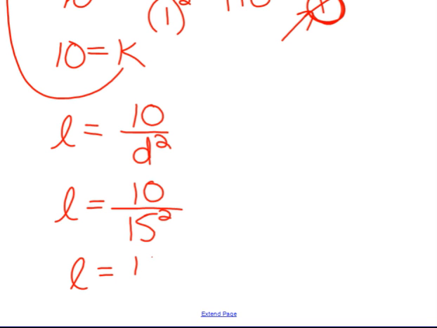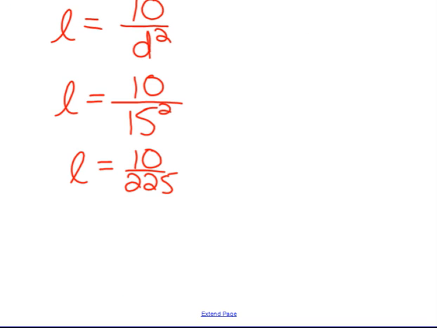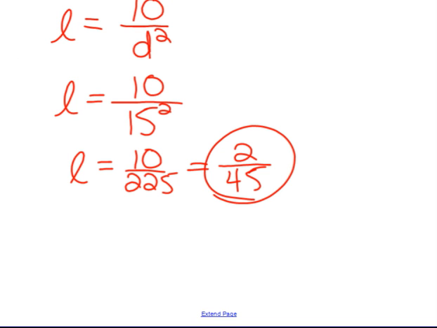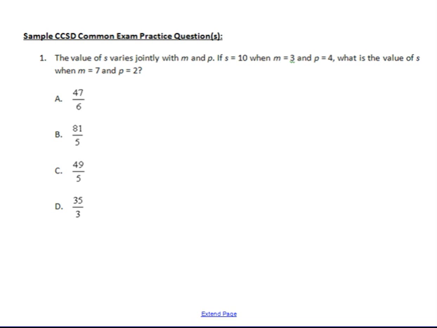We have L is equal to 10 divided by 225. That can be reduced. 5 goes into the top 2 times, and the bottom, 45. So L is equal to 2 divided by 45. And that's the end of section 9.1.